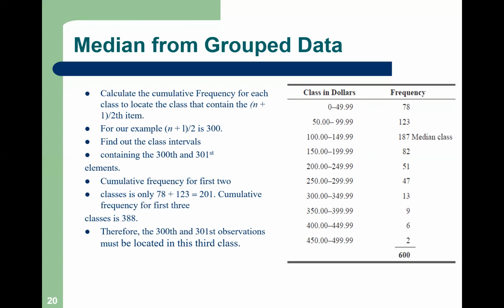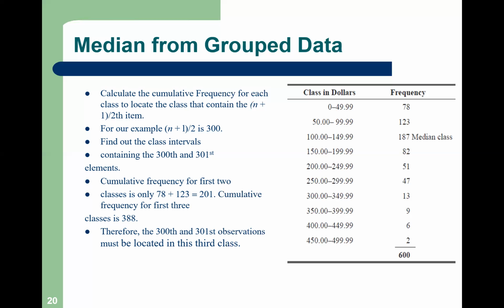Now, to find the median for group data, first we need to calculate the cumulative frequency for each class. And why do we measure cumulative frequency for each class? We need to find the location.